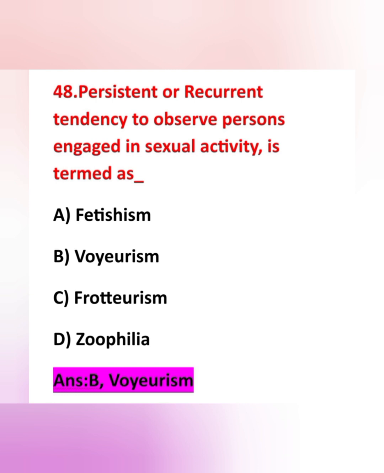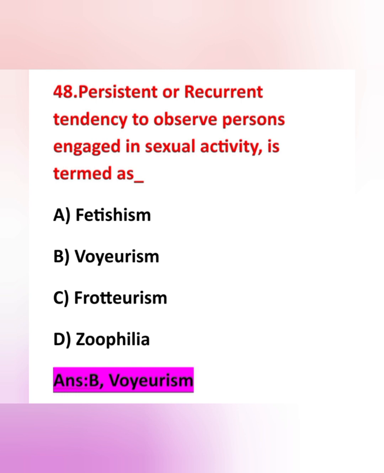Zoophilia means a sexual act with an animal. Here the question is a recurrent or persistent tendency to observe persons engaged in sexual activity, which is called voyeurism. Option B is the correct answer.